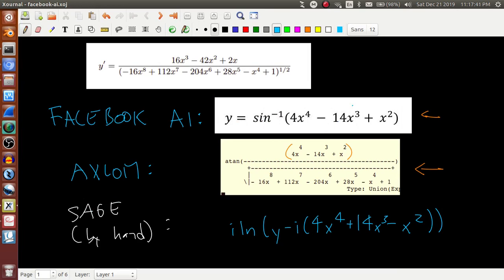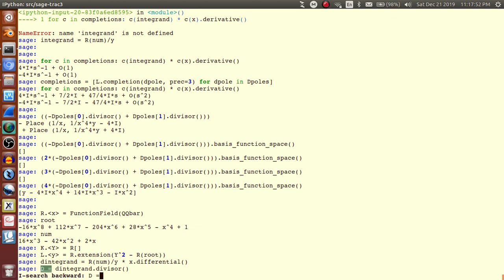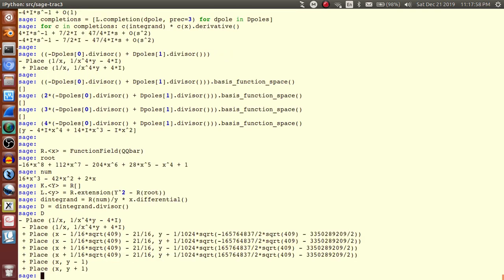It's the numerator over y times the differential of x. And then we construct the divisor of the integrand, and it is this.